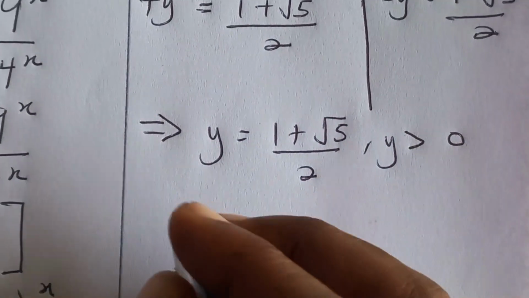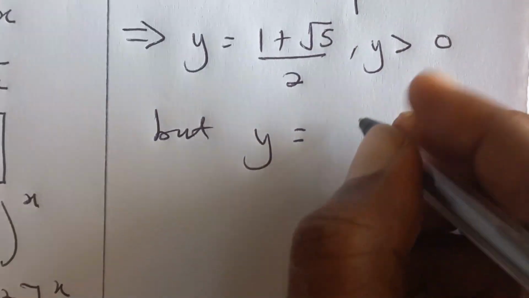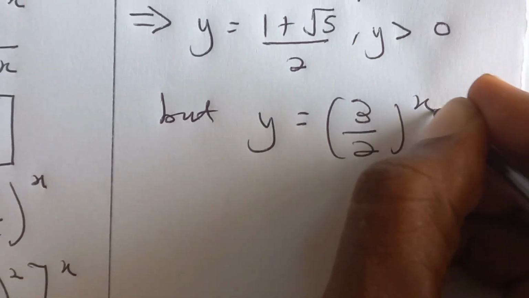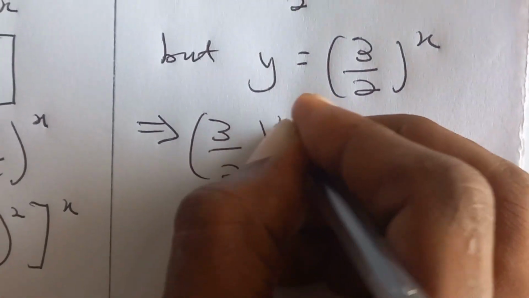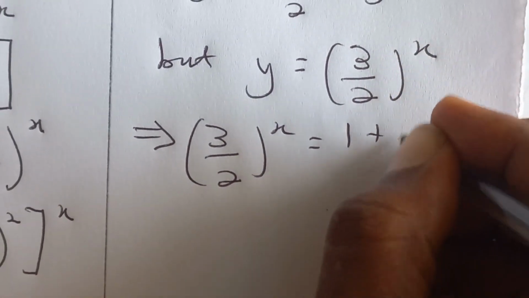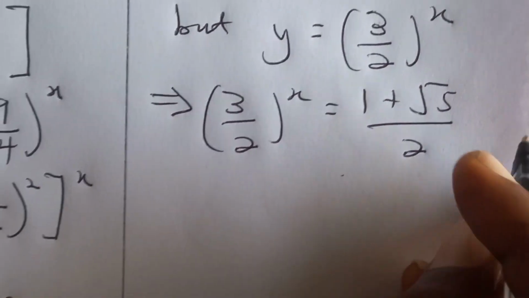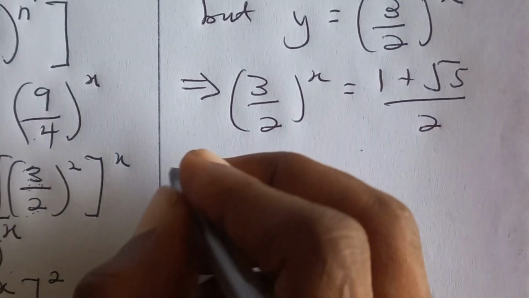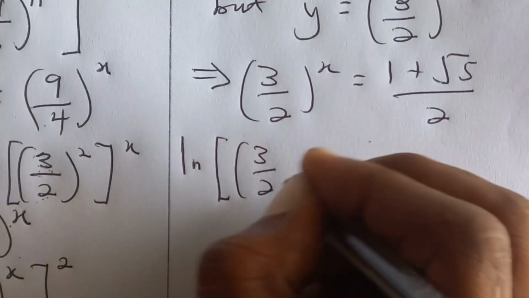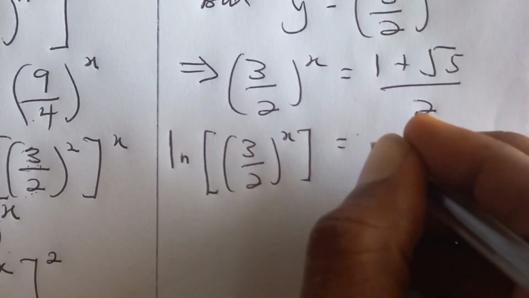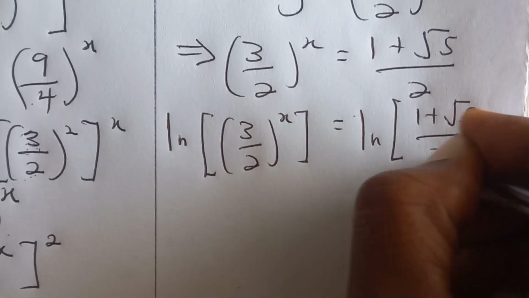Okay, so we go again, know that our y is equal to 3 on 2 exponent x. So we get (3 on 2) exponent x is equal to 1 plus root of 5 on 2. So we take the natural log of both sides. We get ln of (3 on 2) exponent x is equal to ln of (1 plus root of 5 on 2).